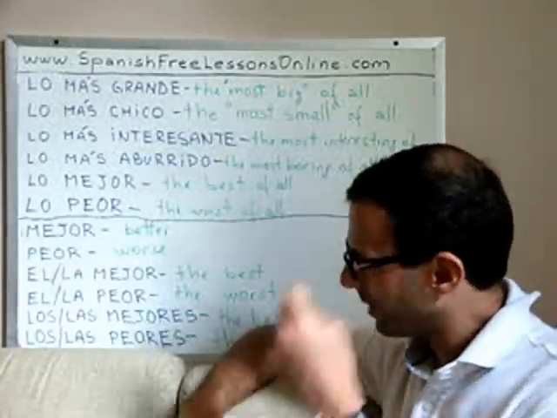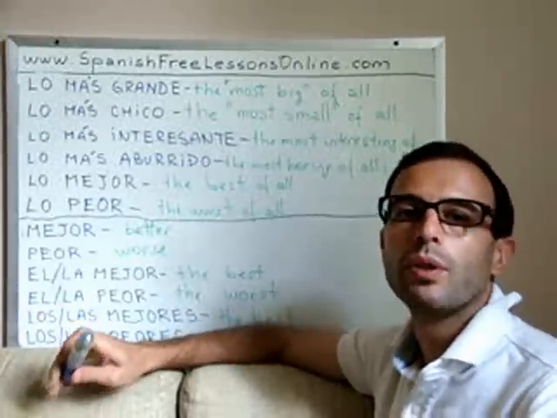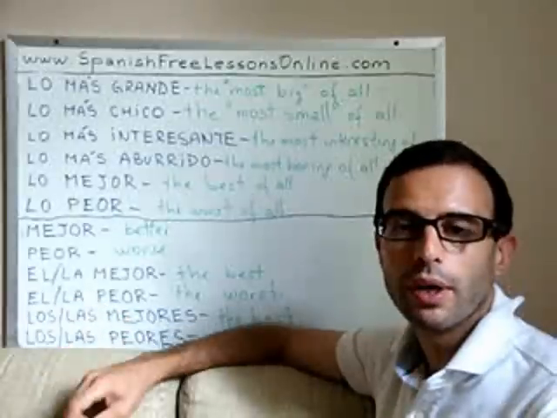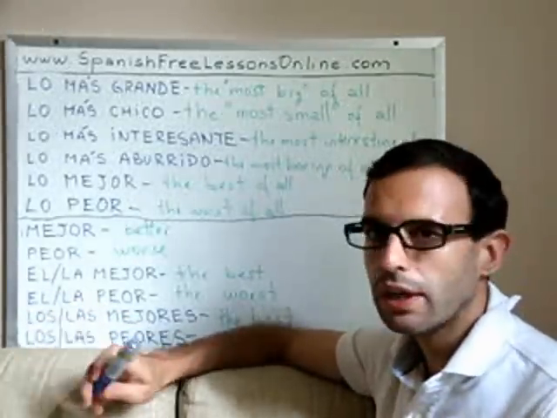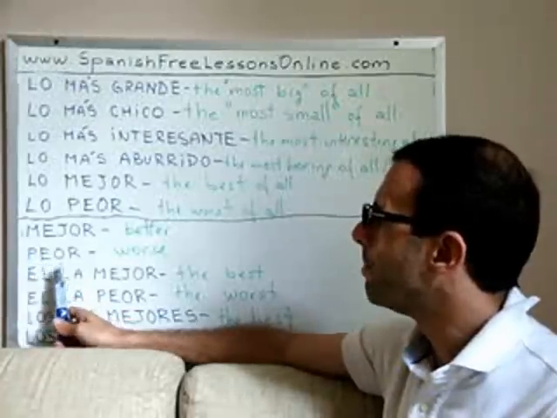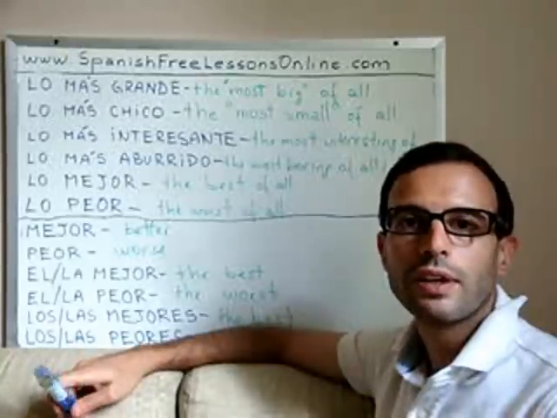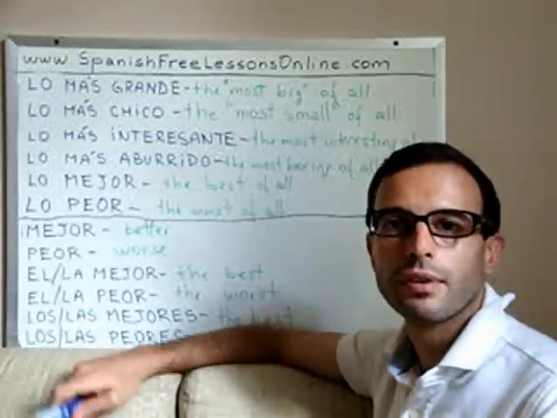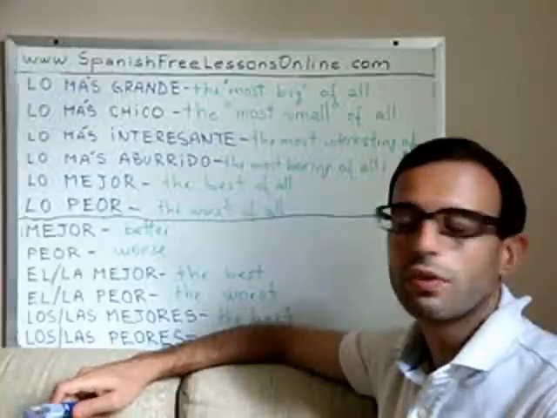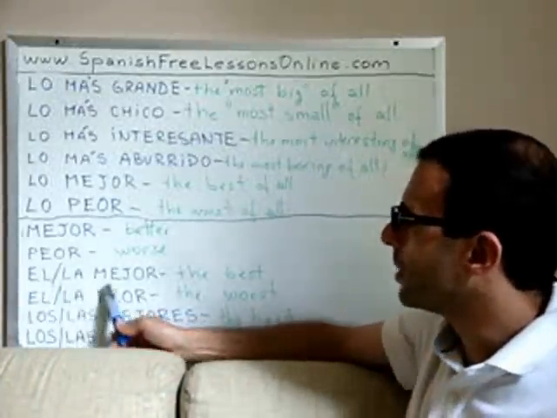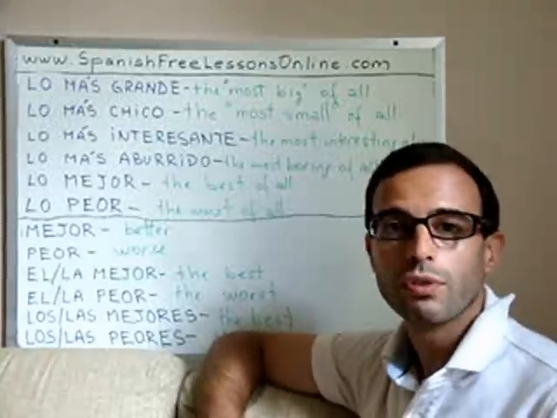You see that mejor and peor is a special case because you don't need to use the word más, or more, or the word menos, or less. You don't say el más mejor, right? Because it's like saying in English the more best or the more better. And you don't say el más peor because it would be like saying the more worse, right?